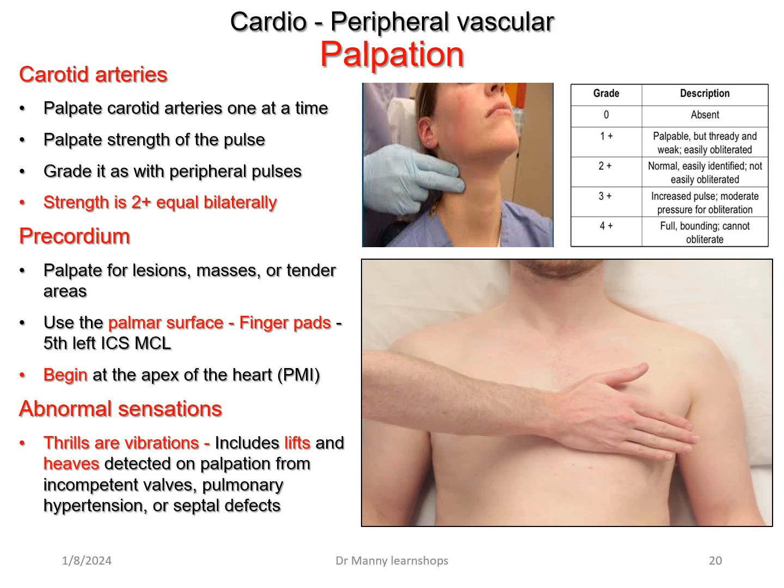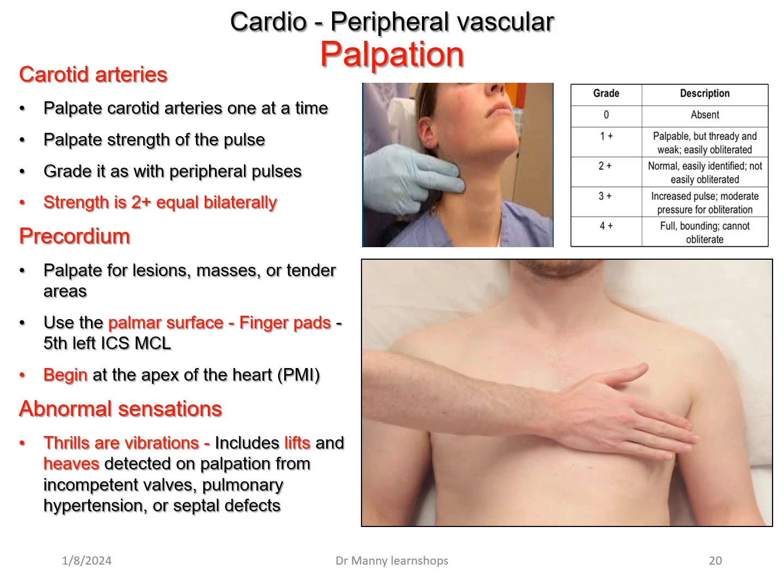We look at the precordium and we palpate it for lesions, masses or tender areas, and we use the palmar surface of our hand and our finger pads. And we place this over, as indicated in the diagram, in the left midclavicular line in the 5th or 4th intercostal space.